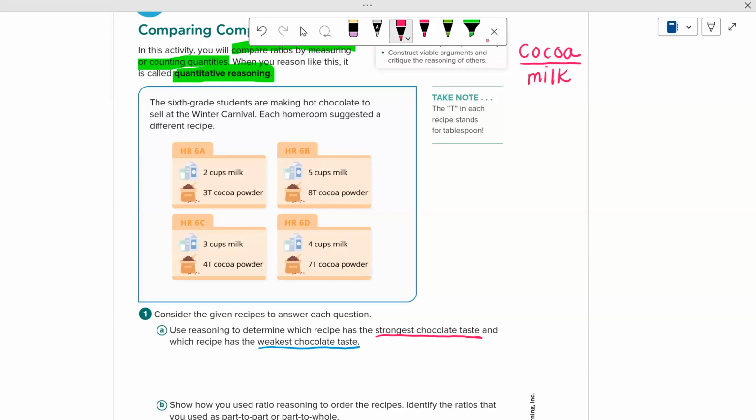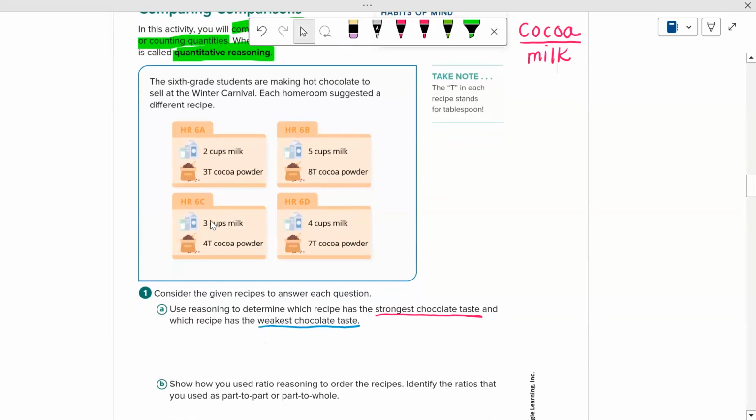And they try to trick you. They're like Maui, they're tricksters. There's a Disney reference for you from Moana. They put milk on the top, right, in this graphic. So we have to be really careful. So homeroom 6A, the ratio of cocoa to milk for 6A is 3:2. The ratio of 6B is 8:5.